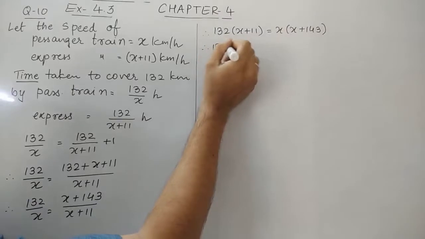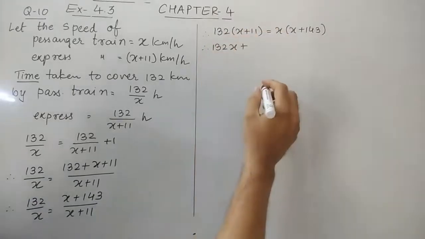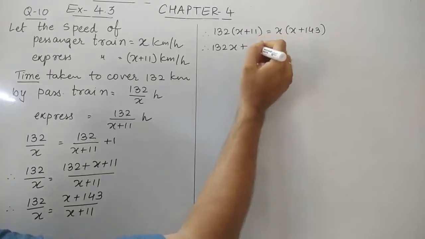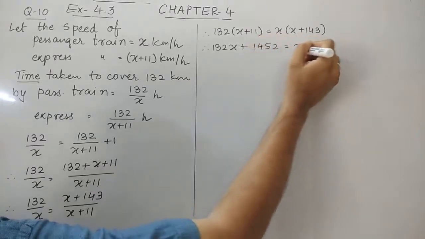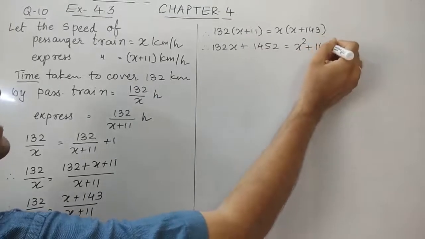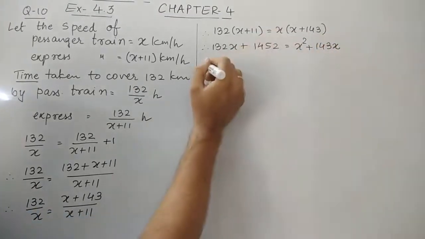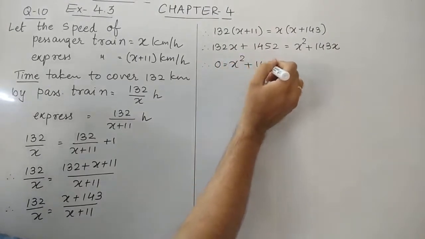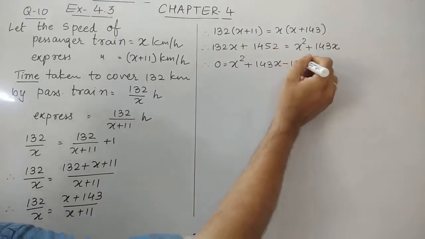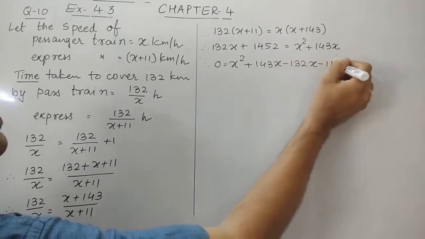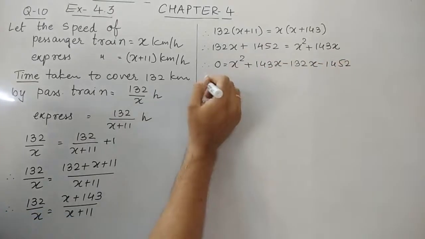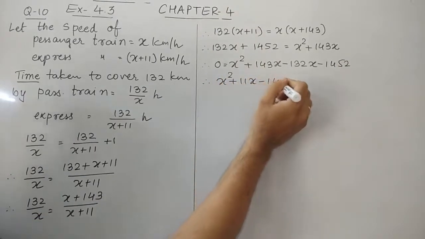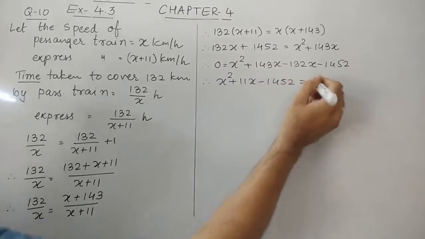We get 132x plus, when we multiply this with 11, it is 1452, is equal to x square plus 143x. Let me take both the terms to the right hand side: 0 equals x square plus 143x minus 132x minus 1452. As these two are like terms, x square plus 11x minus 1452 is equal to 0.